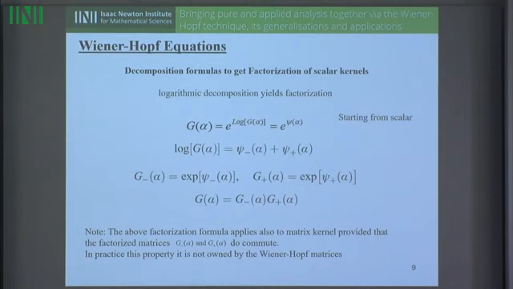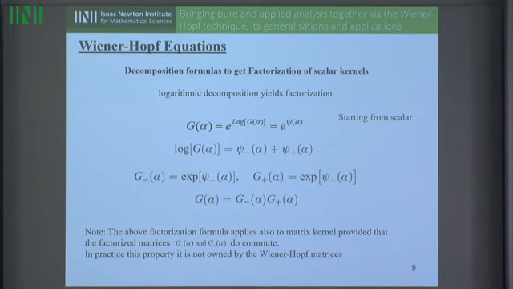Okay. Here, before starting with the factorization, I'm reporting some slides about factorizations of kernels. Here is a classical topic of logarithmic decomposition. Starting from scalar kernels, we can rephrase the kernel into exponential form with logarithm by using a decomposition formula like the Cauchy decomposition formula seen before, and you get the factorization in terms of exponentials.